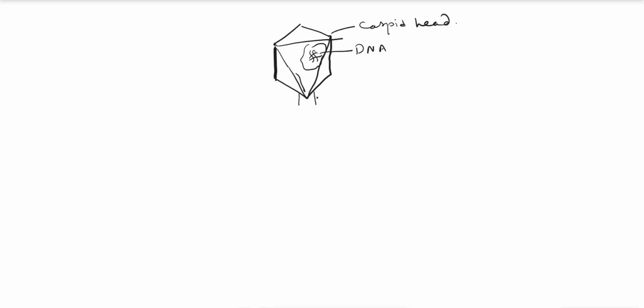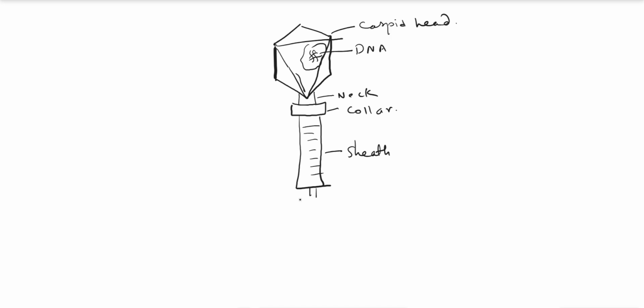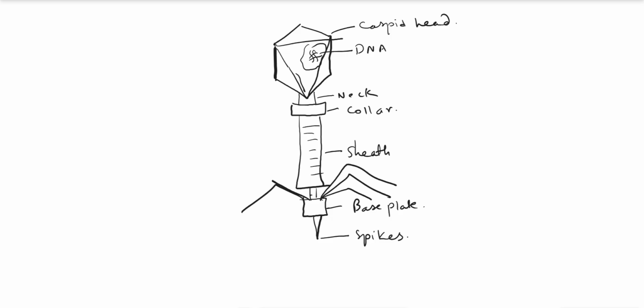Here you can see the neck, and here you can see the collar, and from the collar here you can see the sheath, and after the sheath there is the base plate, and at the bottom of the base plate there are spikes, and it has tail fiber.